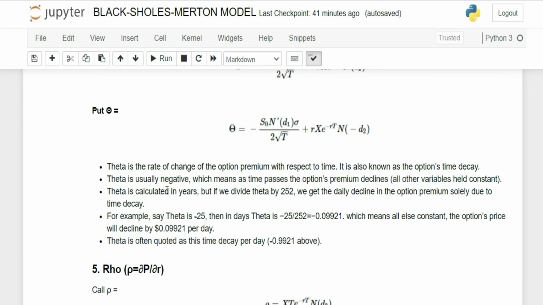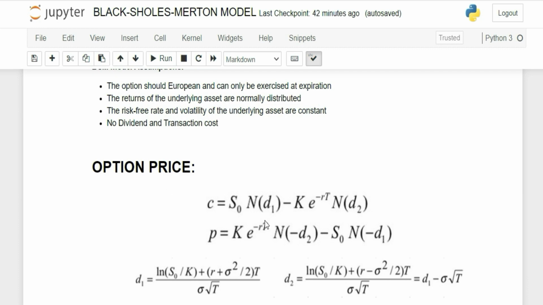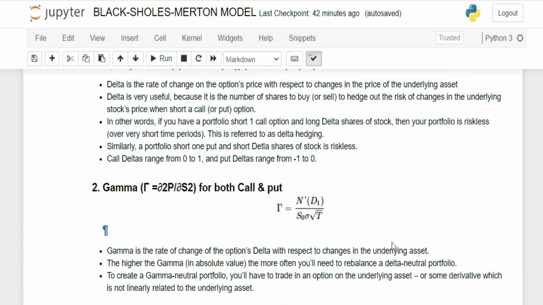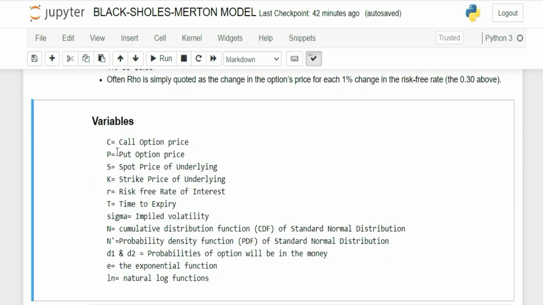As you can see in this mathematical equation, there are some variables. Let me tell you what the variables are. C stands for call option price, P is the put option price, S is the spot price of the underlying, K is the strike price of the underlying, r is the risk-free rate of interest, t is time to expiry, sigma is your implied volatility, or you can simply say standard deviation, and N is the cumulative distribution function of the standard normal distribution, and N dash is the probability density function of the standard normal distribution.